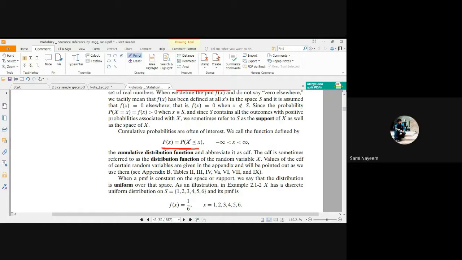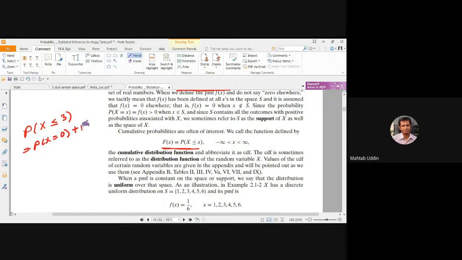Yes, sir. Okay. So if anyone says probability of x less than or equal to 3, the probability is the sum of x equal to 0, x equal to 1, 2, 3, if x equal to 0 exists. This is the probability of x equal to 0 when 0 is present.